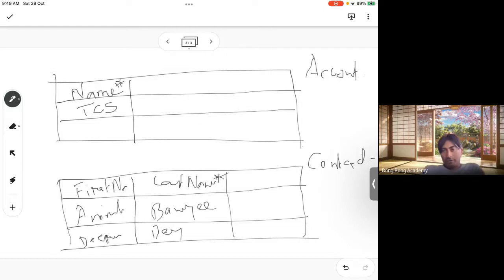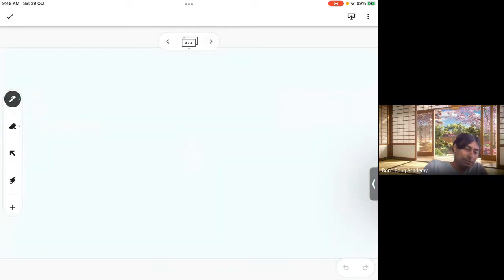Yes. So now, what is the relationship between account and contact? There are three kinds of relationship. One-to-one: one record or one row of one table is associated with one record in the other table.